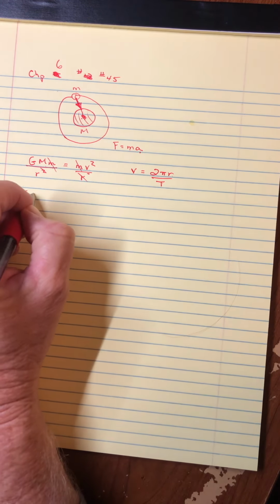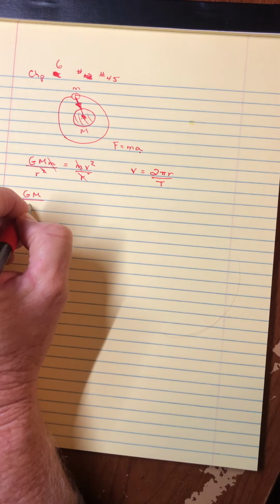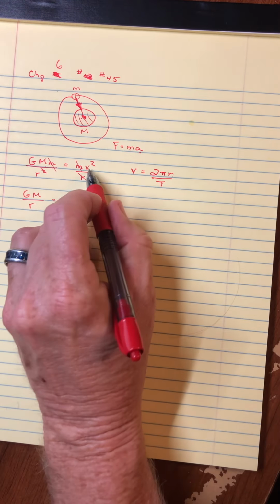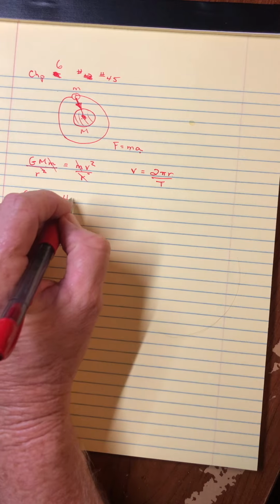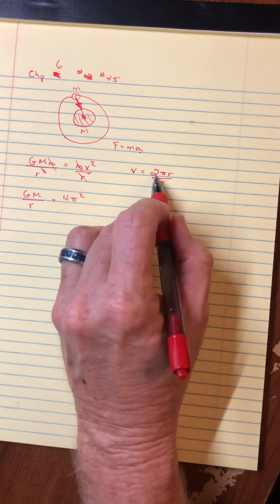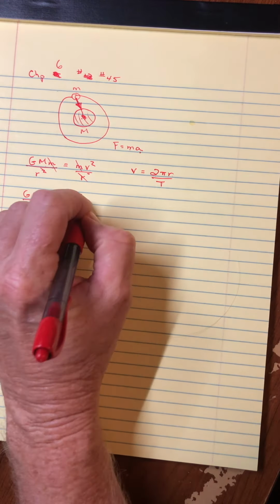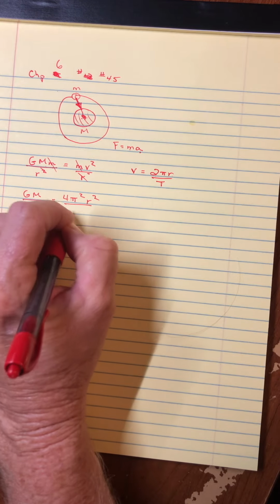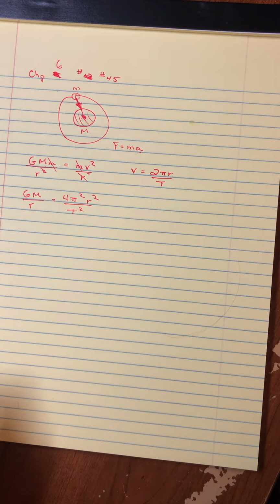So this would be G and M over r, and then velocity squared would be 4, because 2 squared is 4, and then a pi squared, and then an r squared, and then a period squared.